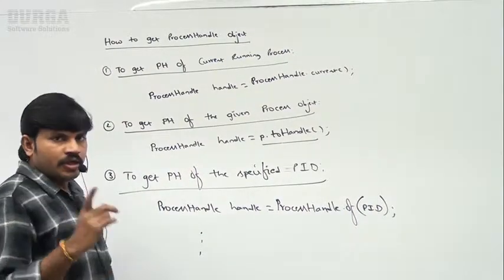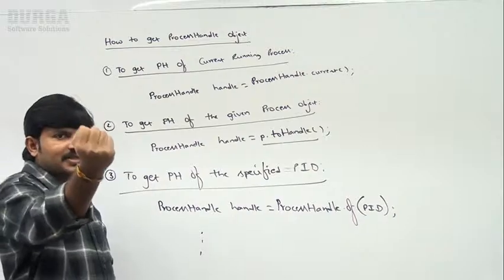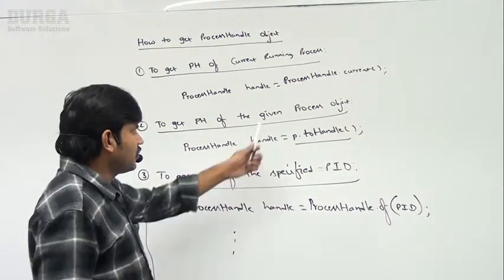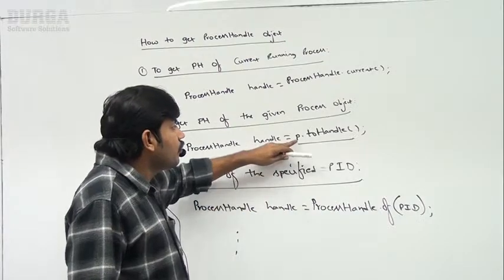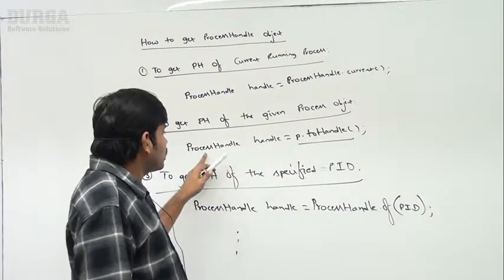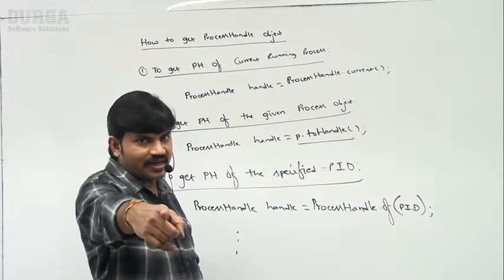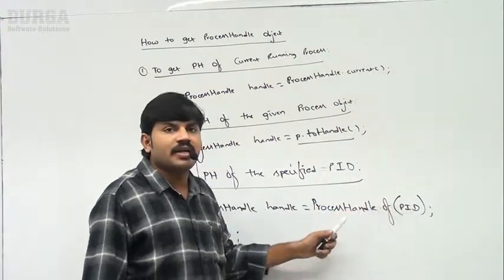Sir, I hope you people are in a position to understand how to get the ProcessHandle of the current running process: ProcessHandle.current. Next, if you already know the Process object, p.toHandle, now you are going to get the corresponding ProcessHandle object. Next, the third one, based on the process ID, how you can get the ProcessHandle.